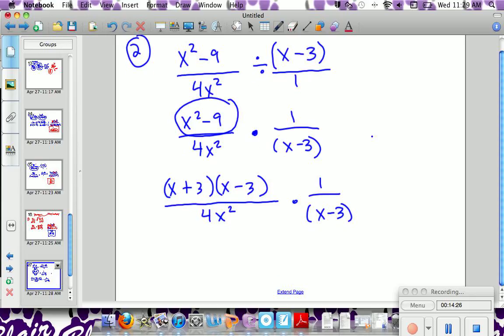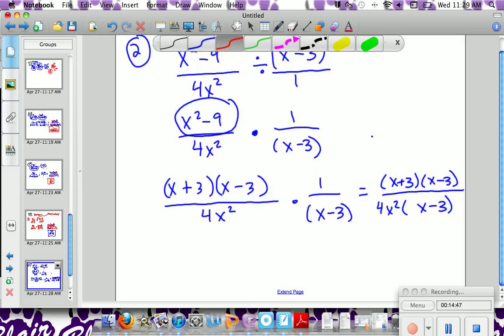So I'm going to multiply straight across. Up top, I have this times that, so I get x plus 3 and x minus 3. In the denominator, 4x squared is going to stay outside the parentheses, and I have x minus 3. So I share two identical x minus 3's in the parentheses, so I'm going to cross those out.